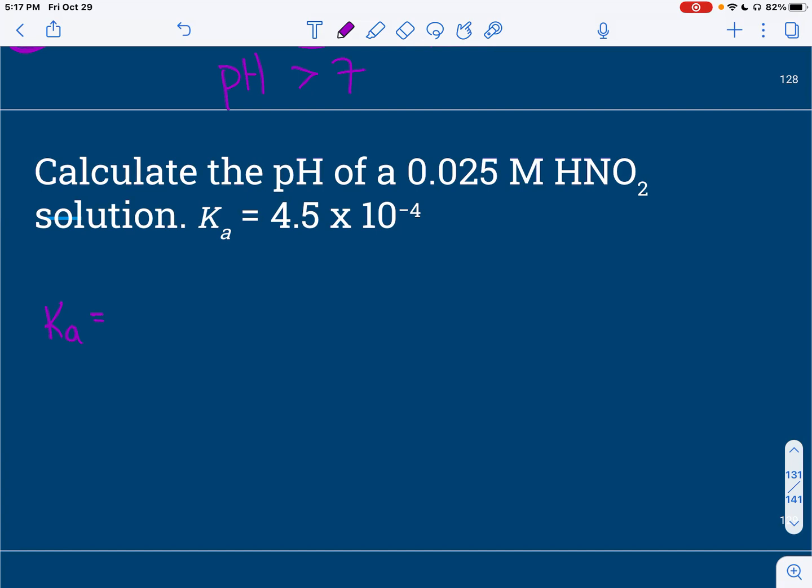Ka is going to equal... oops, I don't know why I put x equals.